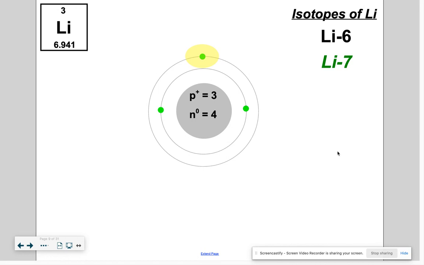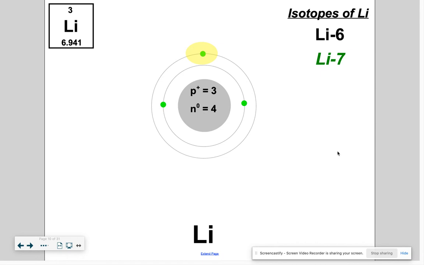And remember what a valence electron is: by definition, it is an electron on the outermost energy level or electron shell of an atom. There could be more than one, but in this case, there's only one, and it's on the second shell. The second shell is the outermost shell for lithium. So lithium has 1 valence electron.